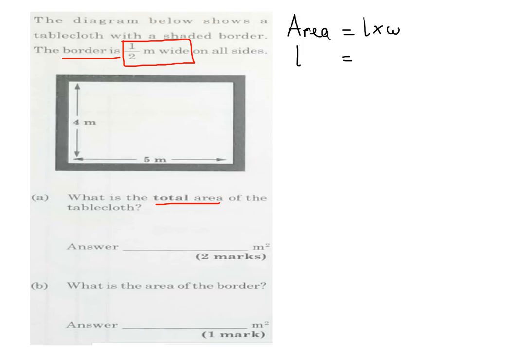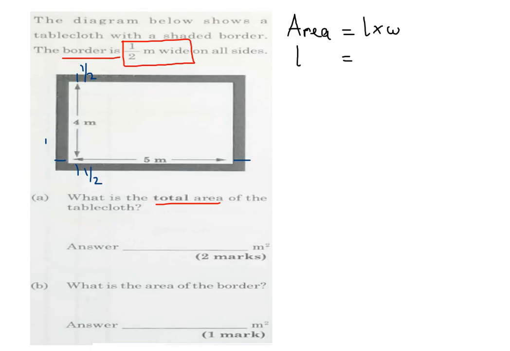And where my 5 meters ends on this corner, there's a ½ meter there. And likewise for my 4 meters, there's an extra ½ meter up here and there's an extra ½ meter down here. So we have to factor that in. So like I said, we have a ½ meter being added on both sides.